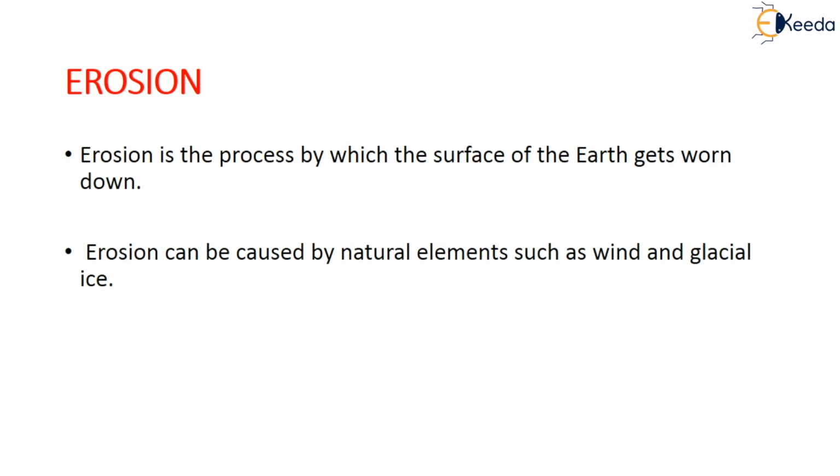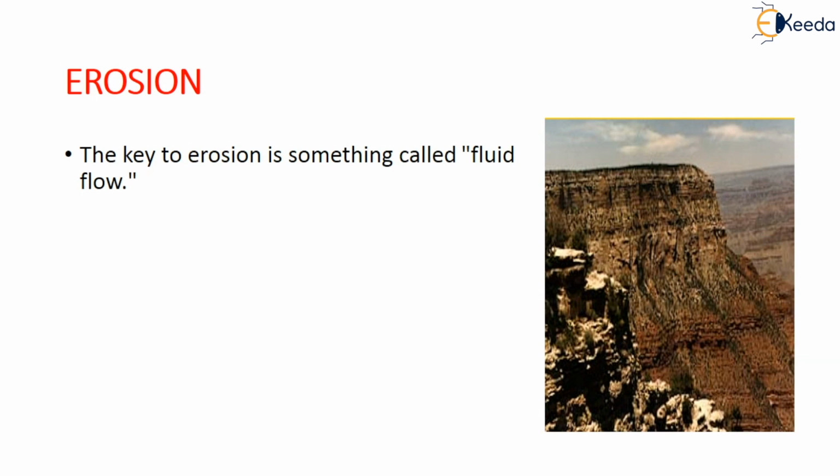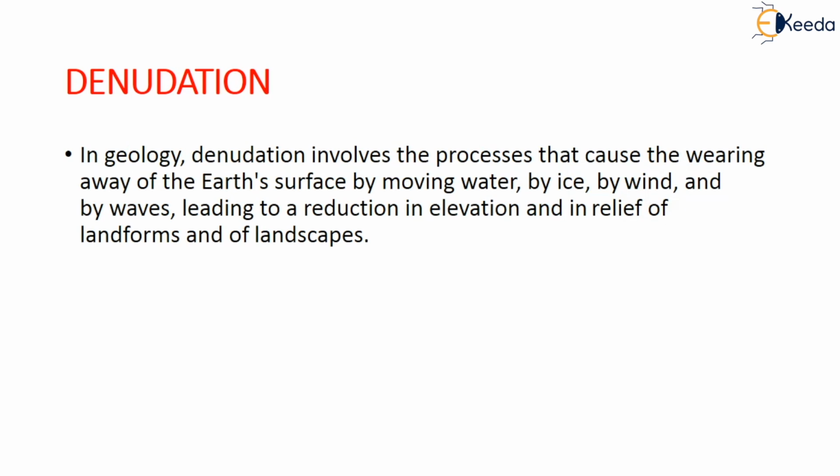But anyone who has ever seen a picture of the Grand Canyon knows that nothing beats the slow steady movement of water when it comes to changing the earth, because the slow steady movement of water will have a significant effect. The key to erosion is sometimes the fluid flow. It will wash off the surface of the earth in a very different way, and material gets placed from one place to another.